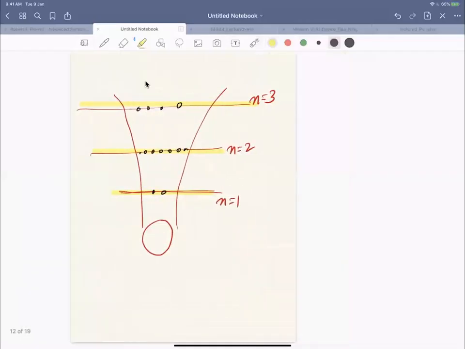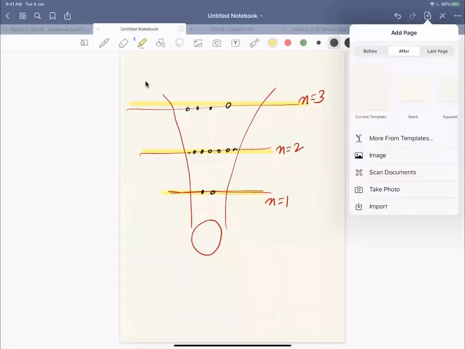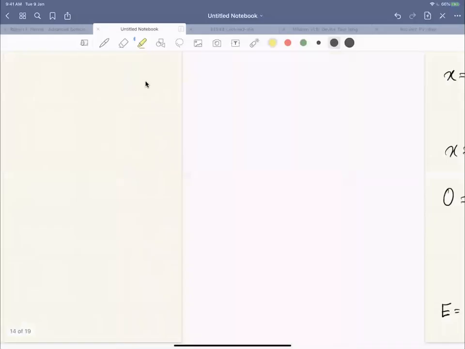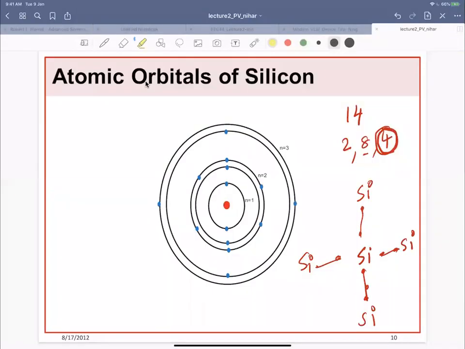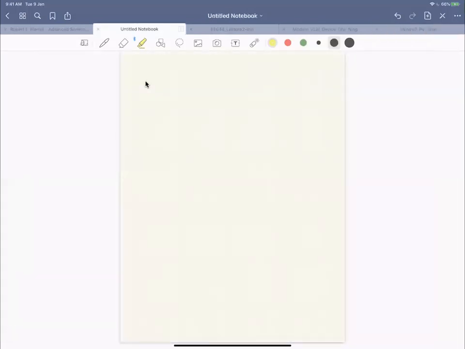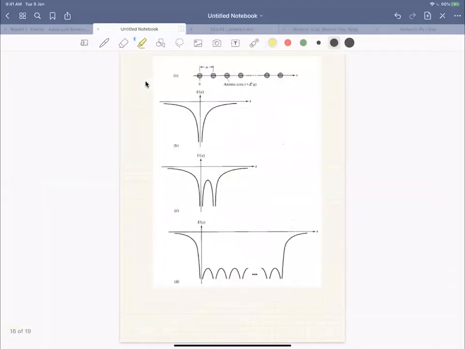Okay. So now, but in a crystal, right? Here I have a single atom, but in a crystal I have more atoms.